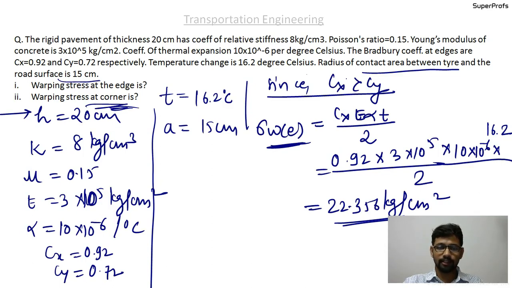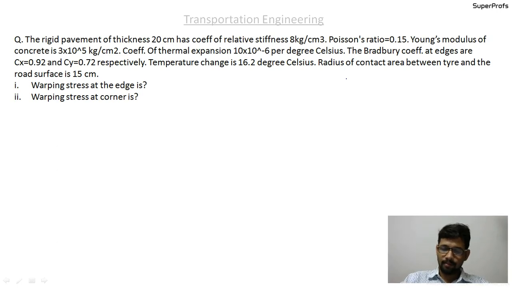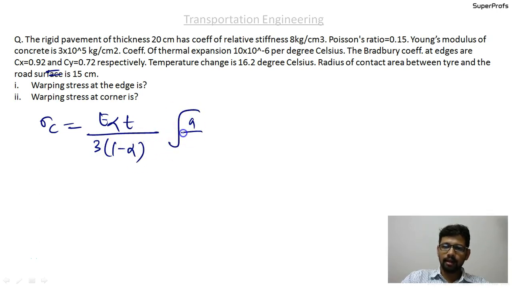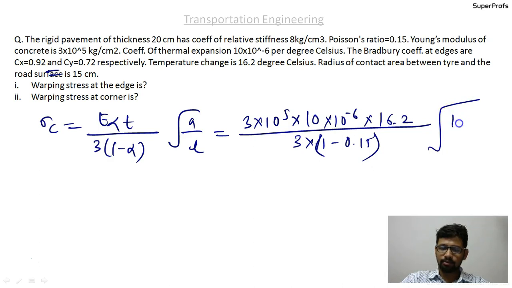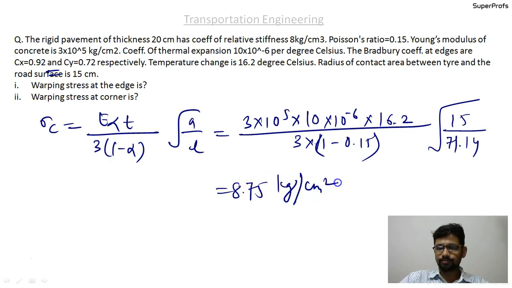I don't have space, so I'll write it over here. So the formula was warping stress at corner is equal to E alpha T upon 3 into 1 minus mu, root A by L, is equal to 3 into 10 to the power 5 into 10 into 10 to the power minus 6 into 16.2 upon 3 into 1 minus 0.15 in bracket, A is 15 upon 71.14, that is equal to 8.75 kg per centimeter square.